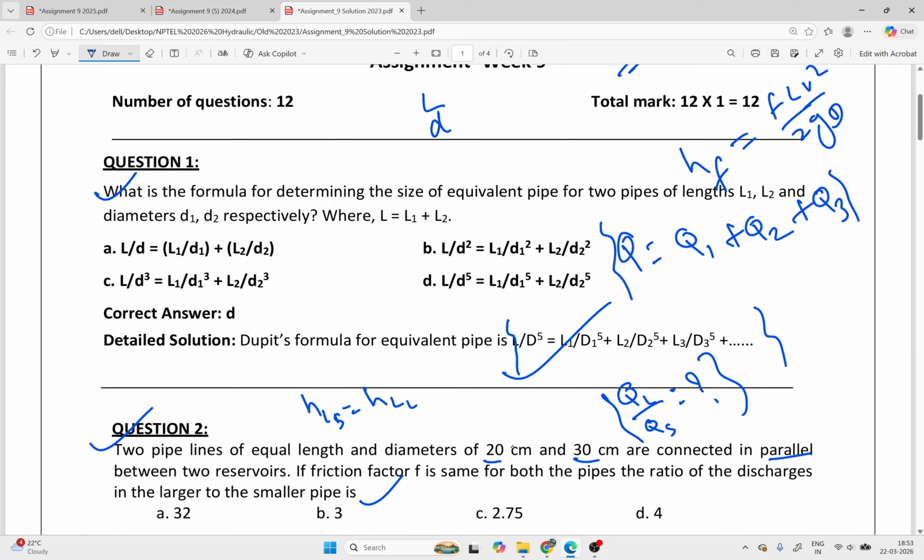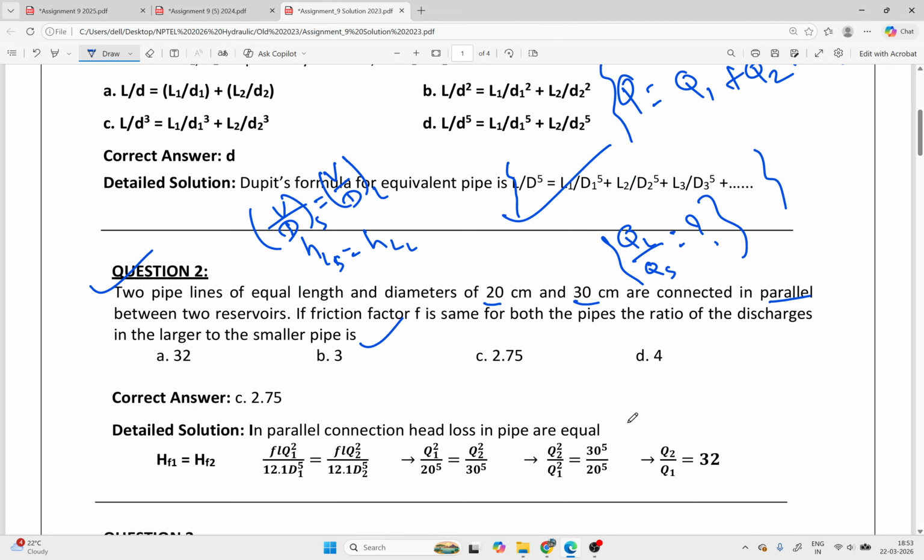Only the diameter remains: velocity square by D on this side, and velocity square by D on this side, this one for the smaller and this one for the larger. Now velocity is discharge by area, so V square gives Q square by A square.